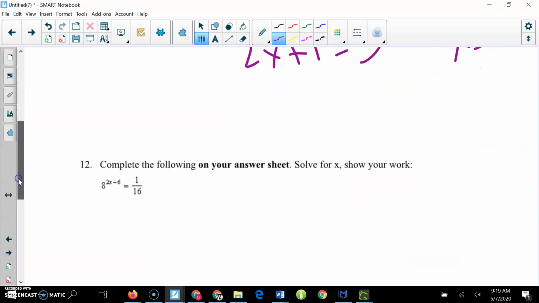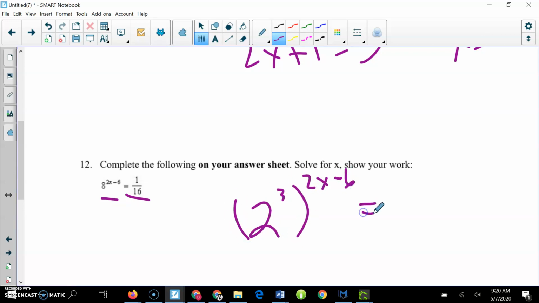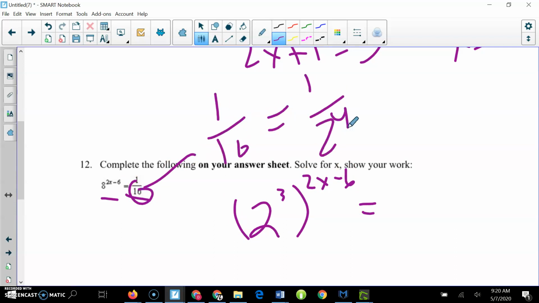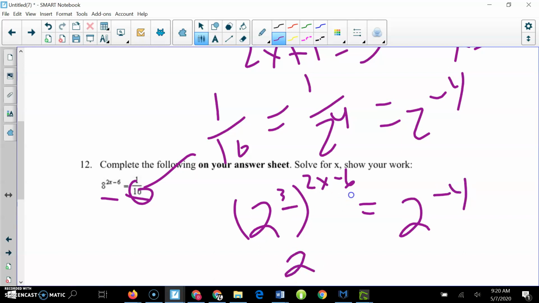And the last one, I don't know, a little more difficult here. You're better off going to 2 as your base. So that's 2 cubed all to the 2x minus 6 is equal to, and this guy here is 1 over 16, right? Which 16 is 2 to the 4. So that's going to be 1 over 2 to the 4, which is equal to 2 to the negative 4. So you go 2 to the negative 4, and then you say, let's clean this up.